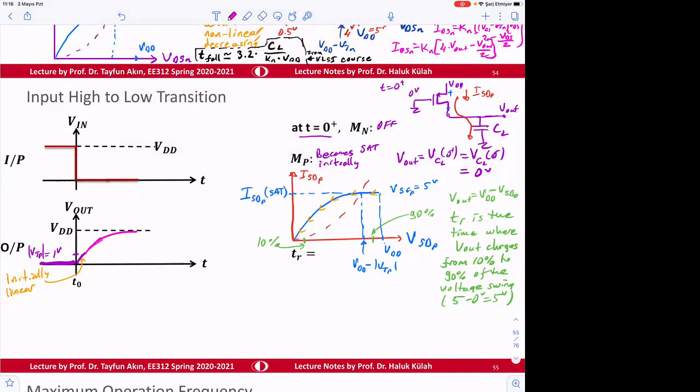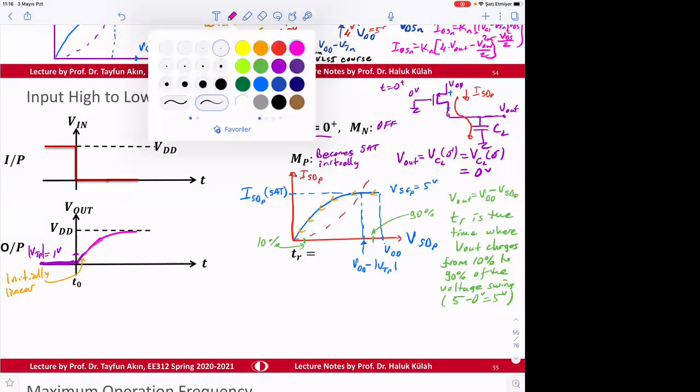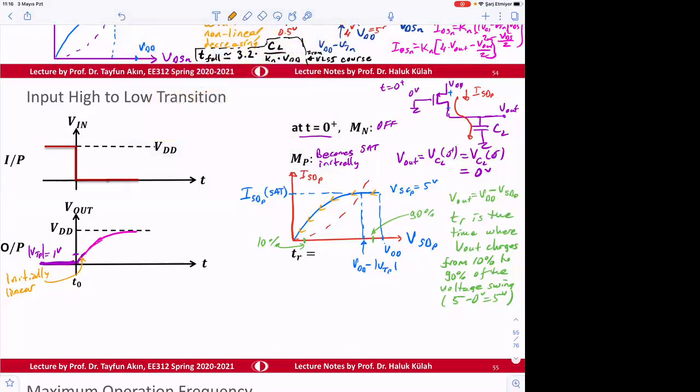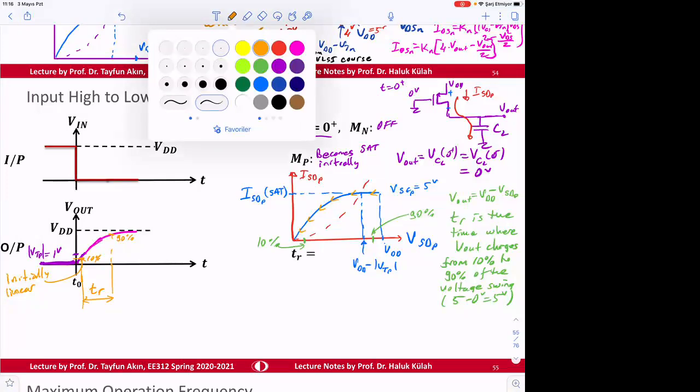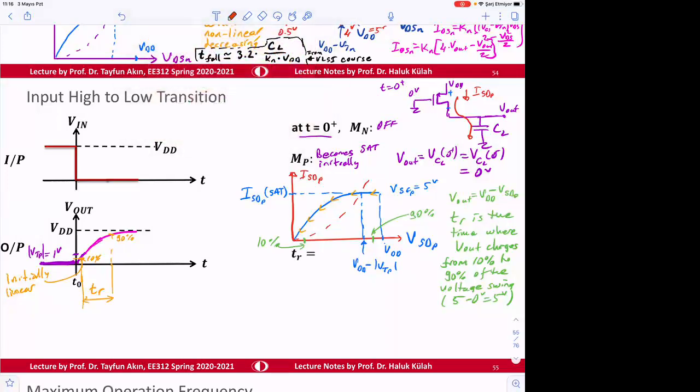And if we want to calculate that 10% till maybe 90%, it will be this much time. So this is really what we call T rise time. And calculating that is not going to be that easy. But if you look at this linear charging, it will be like this.